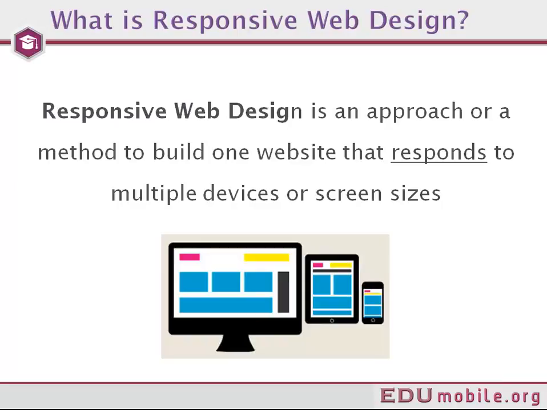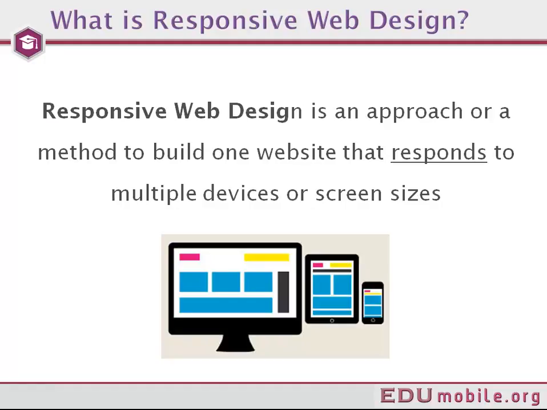So the definition of responsive web design: it's an approach or a method to build one website that responds to multiple devices or screen sizes. So ultimately you have one HTML template that can adapt to whichever size the screen is, whether it's a desktop, a tablet, or a smartphone, and also if it's in the landscape or portrait position.